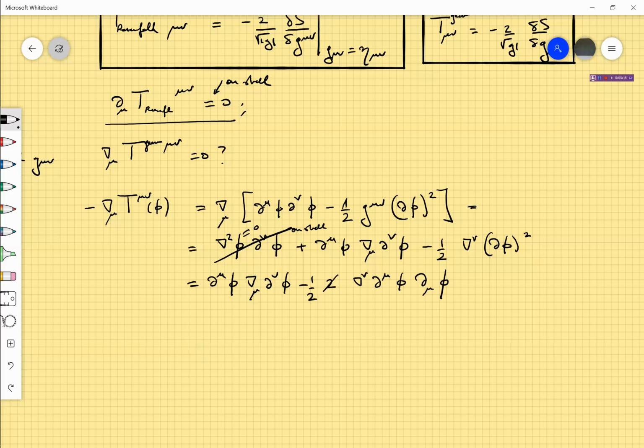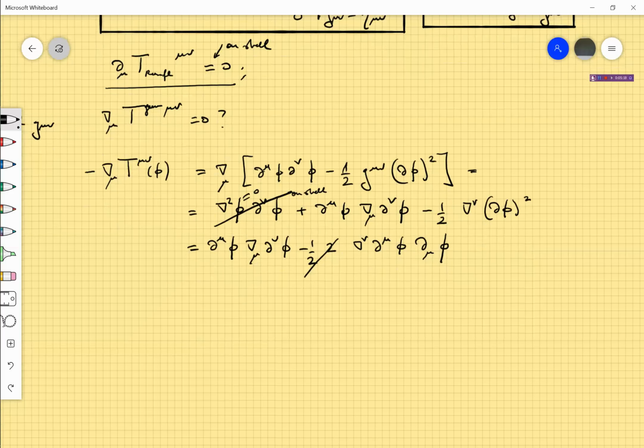These two terms cancel, and you see that the only difference between this term and this term, up to raising and lowering indices, is the position of the indices mu and nu, which is opposite here and here. Here is mu nu and here is nu mu, but we know the Ricci identity on scalars.